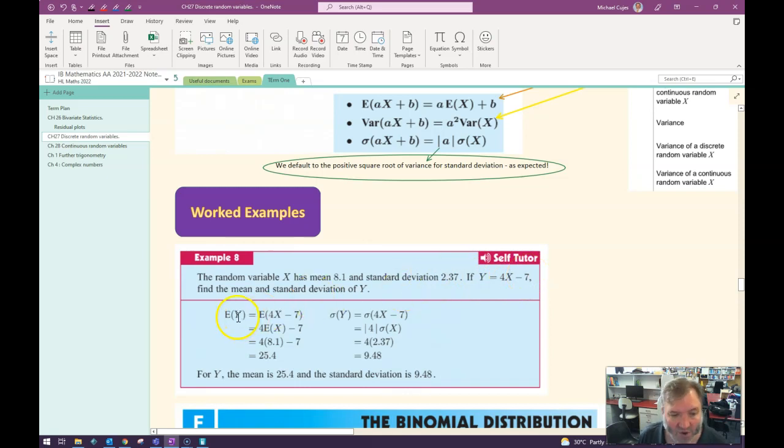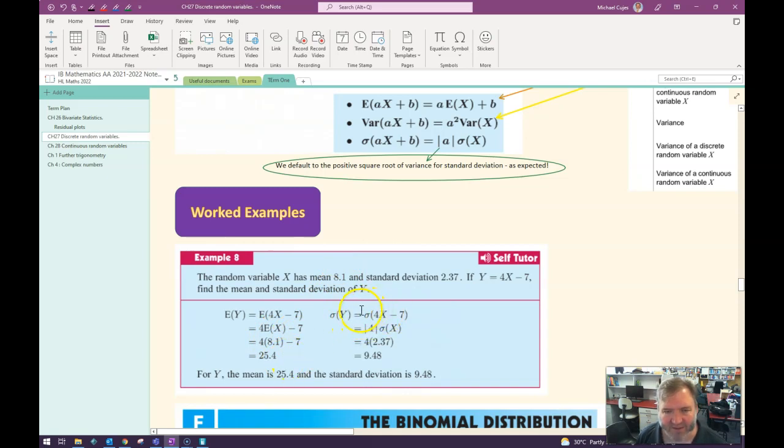What's the difference? Well, the expected value of y is going to be 4 times whatever the expected value of x was, because that's what happened when I multiplied everything by 4. Then I decreased everything by 7. So once I've got that expected value, I take away the 7. So 4 times 8.1, 32.4, take away 7, we've got our 25.4.